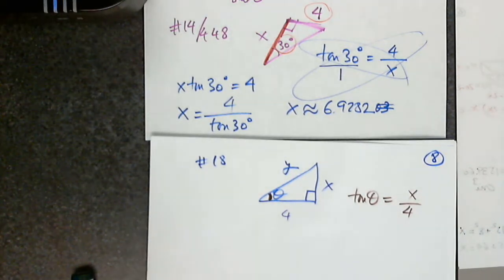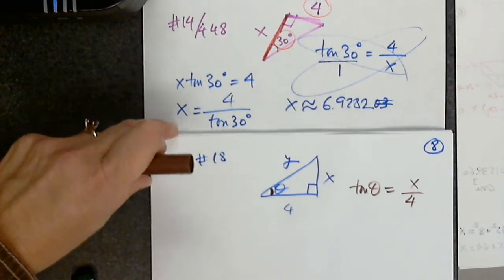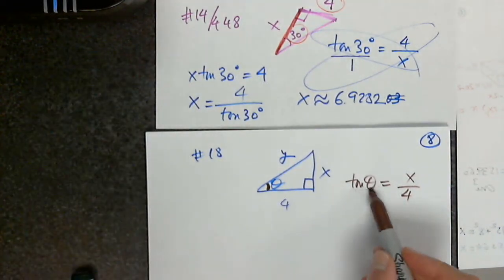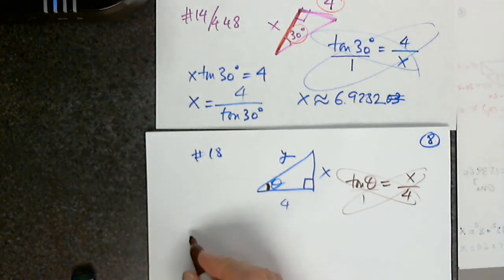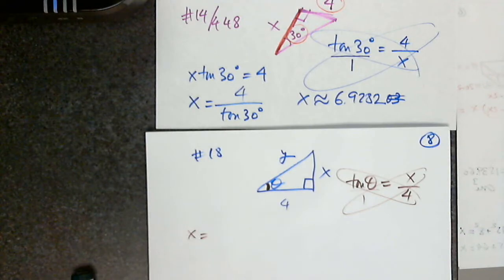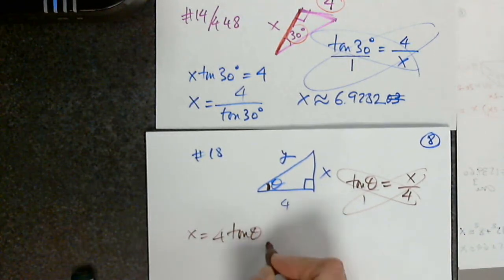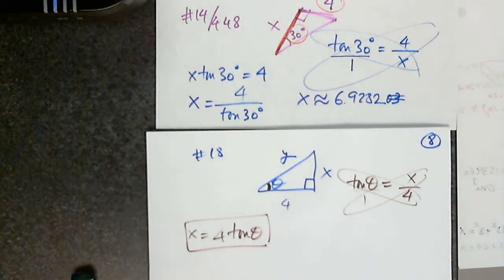That's it. Perfect. So now I want to express x. What should I do? It's a proportion. Yes. So x equals how much? 4 times. That's it. Done.